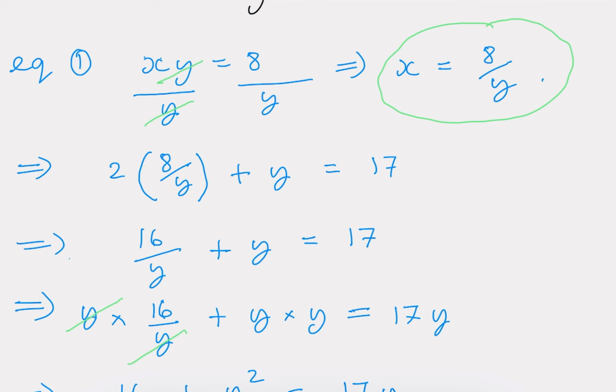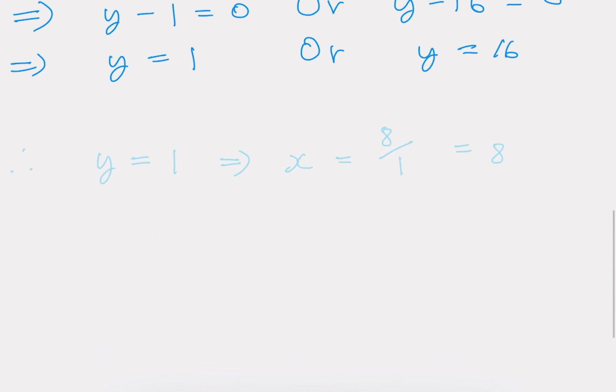We simply replace the y values we solved for into this expression, starting with y is 1, which implies x is equal to 8 over 1, which is 8. And also y is equal to 16 implies that x is equal to 8 divided by 16, which simplifies to 1 over 2, which is a half.